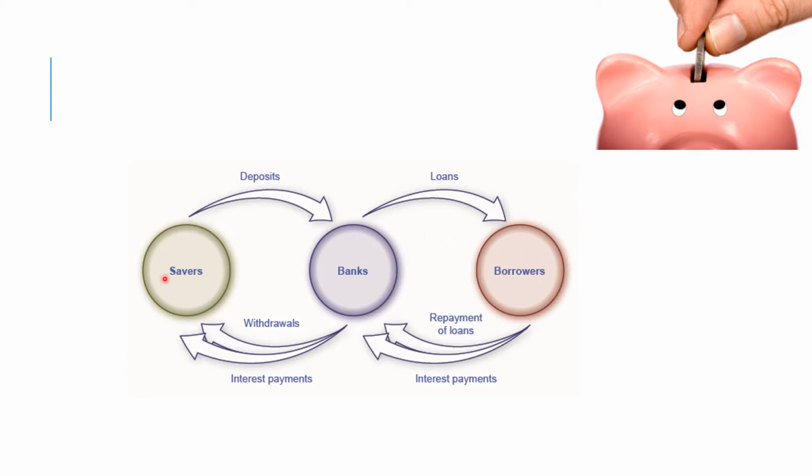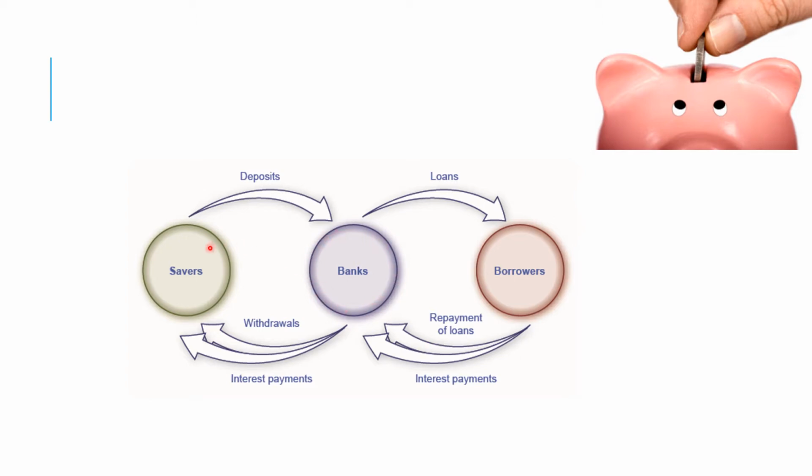Savers will take the money that they've earned and deposit it, give it to a bank. A bank in turn will then take that money and lend it out in the form of loans to borrowers. A bank will charge a borrower interest on top of repaying the loan to make a profit.